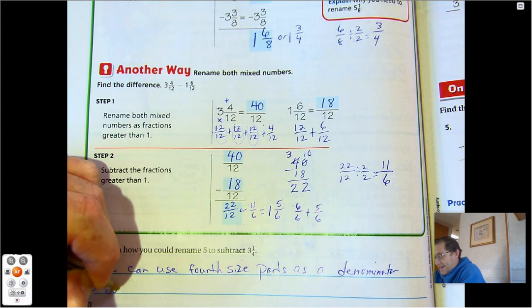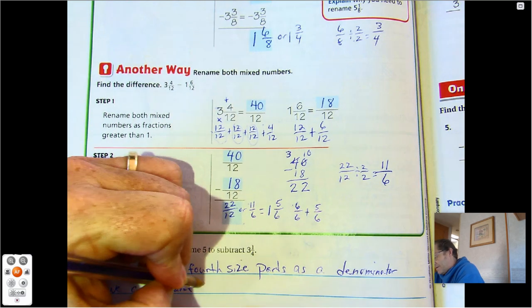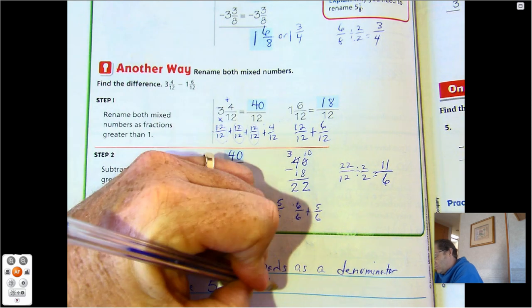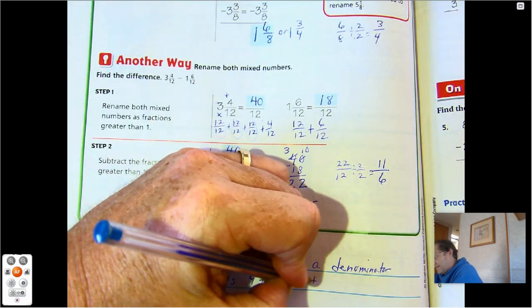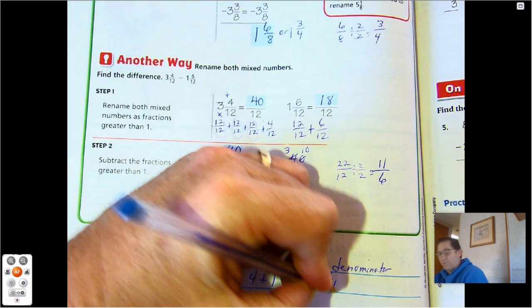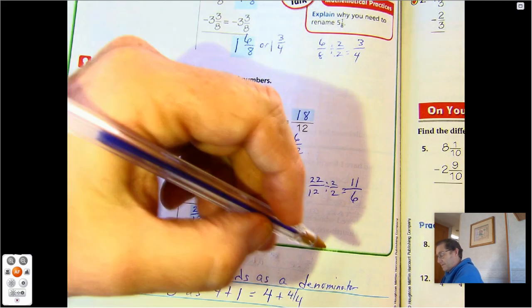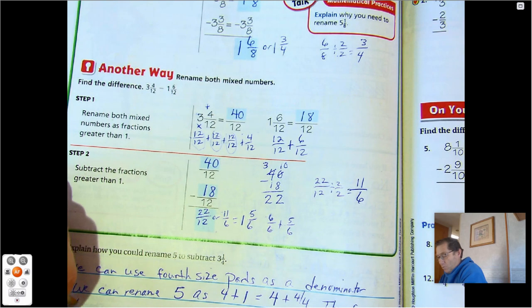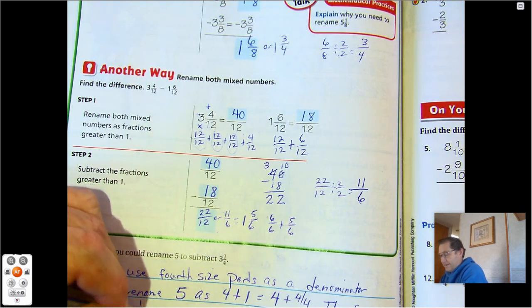So we can rename 5 as 4 plus 1, which is equal to 4 plus 4/4. Therefore, 4 and 4/4 take away 3 and 1/4.